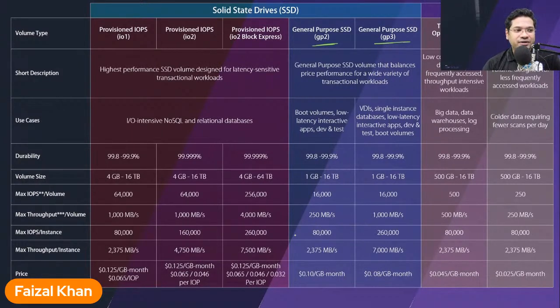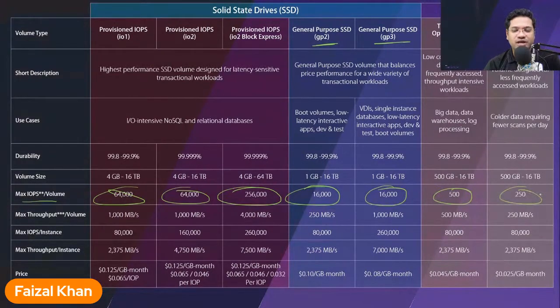Now, the main difference here, if you look at this, is in terms of IOPS. Your SSD volumes have a lot of IOPS compared to your HDD volumes, right? Your HDD volumes have pretty poor IOPS. What is IOPS? IOPS is input output operations per second, which basically means how many times within a second can you read and write data.